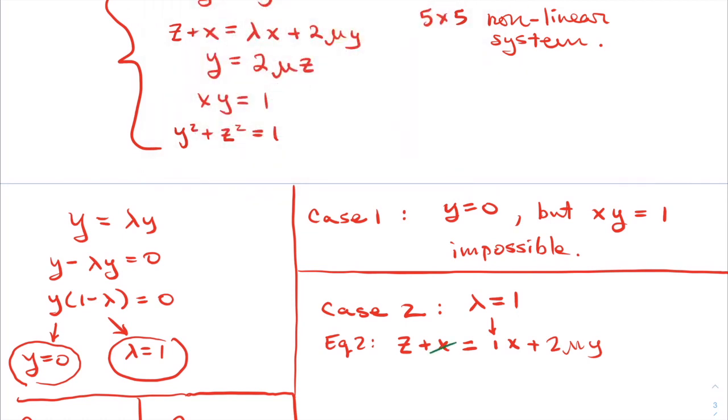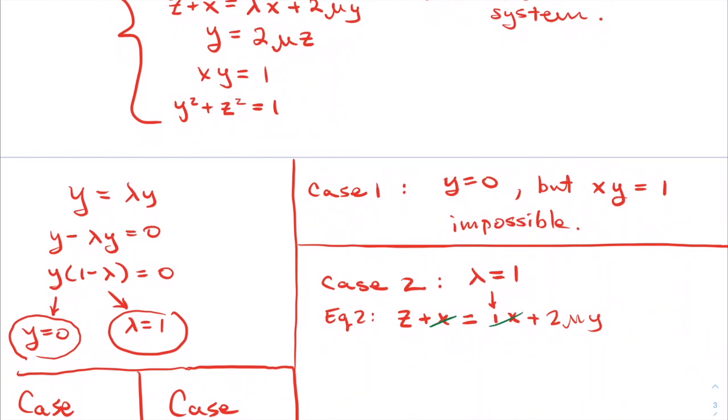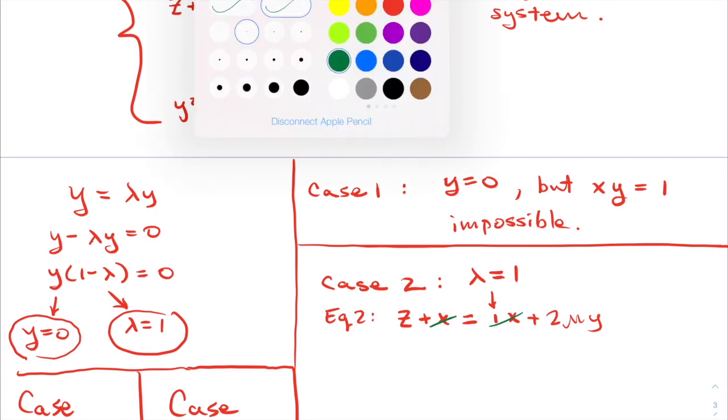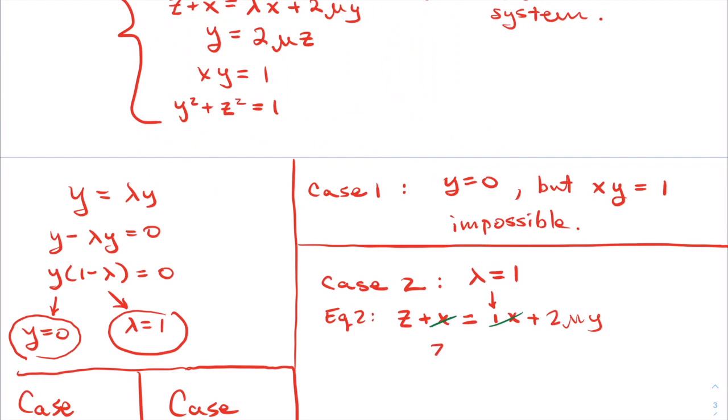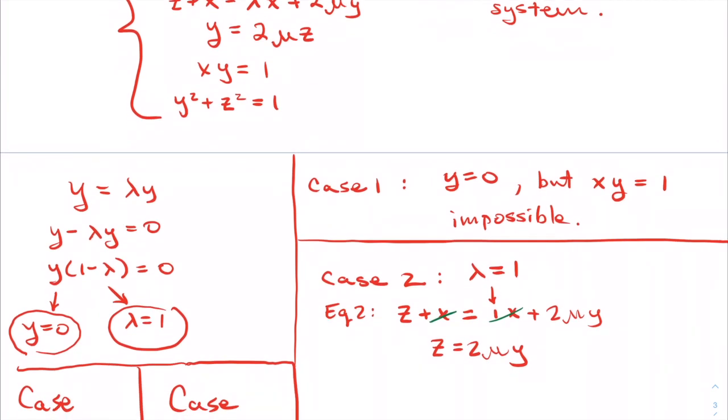They are not really contributing to the equation. So you can just say that z is 2 mu y. And that reminds me a lot of the third equation. Equation 3 says y is 2 mu z.